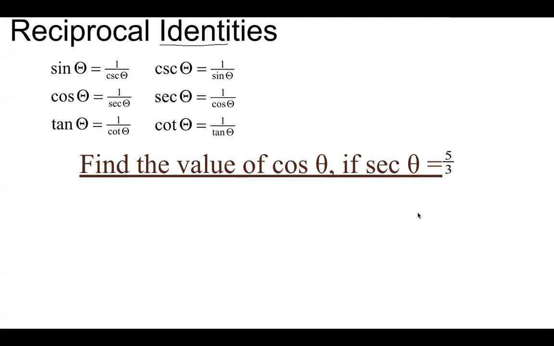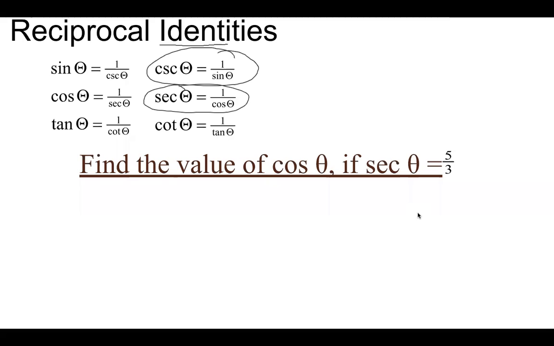Cosine and secant being cousins, and tangent and cotangent being cousins. So it's just 1 over cotangent, but then the opposite is true also. Cosecant is 1 over sine theta, and secant is 1 over cosine theta, and so on and so forth.